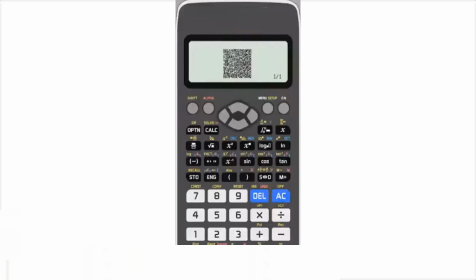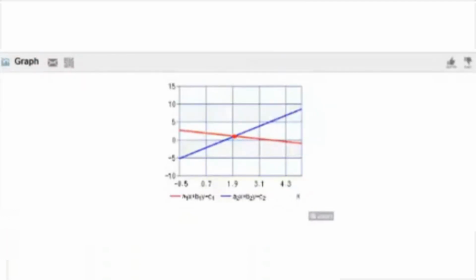Once I scan the QR code, I will be taken to the Casio ClassWiz site, and this site will show me the graph and the online visualization. One line is drawn with blue, the other line is drawn with red, and this is the point of intersection which shows that x is equals to 2 and y is equals to 1.